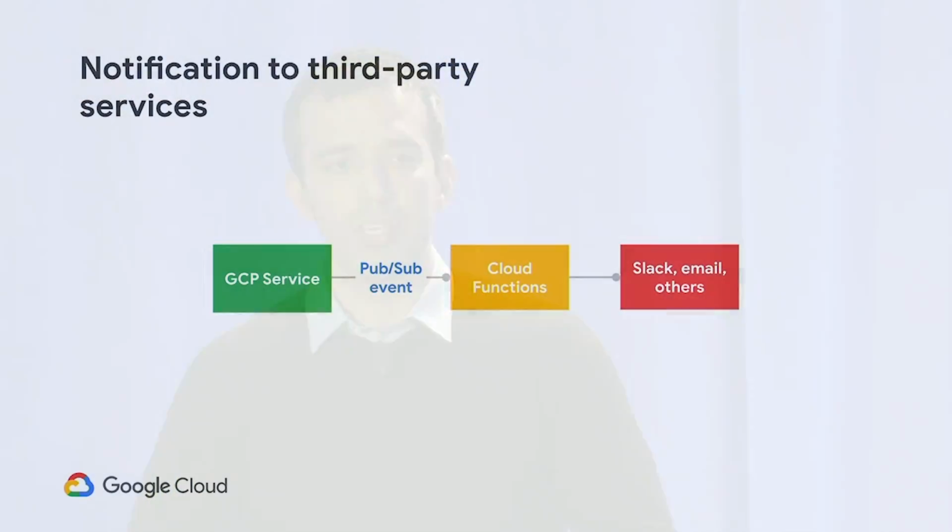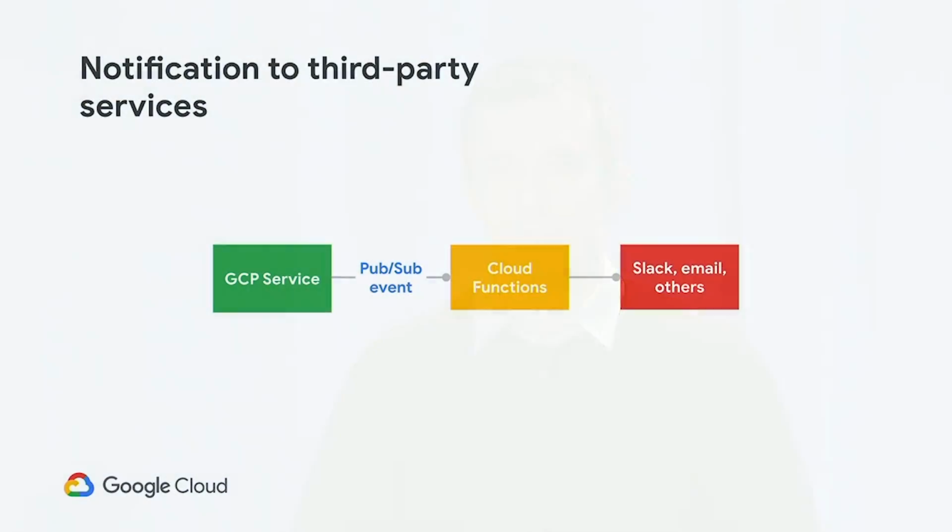However, when you're working in a continuous integration and continuous delivery environment, you need notifications as a part of that process. You might want notifications during the start as well as the end. And that's where the notification piece comes in handy. Both Cloud Source Repositories and Cloud Build offer integrations with Cloud PubSub.